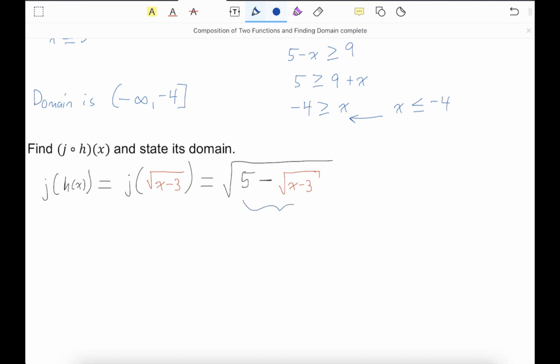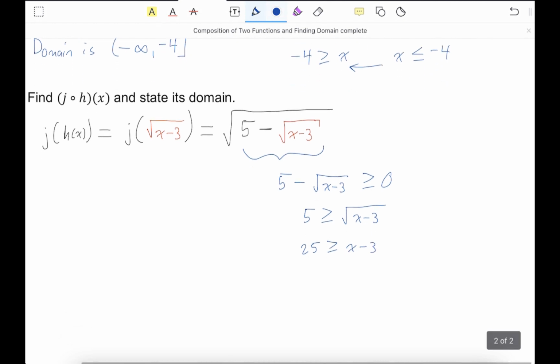Looking at this one, we have 5 minus the square root of x minus 3. That has to be greater than or equal to 0. I'll add the square root to the other side. And then square both sides. Finally, add 3 to both sides.